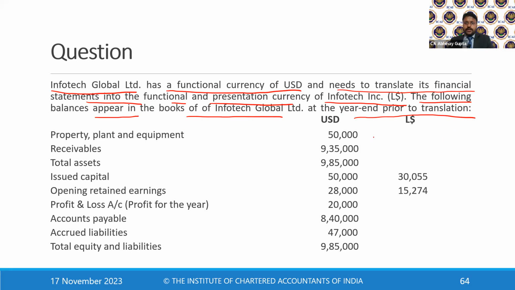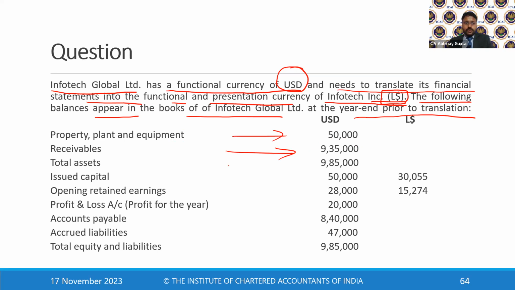So before translation, this is the balance sheet of Infotech Limited whose functional currency is US dollars, right? And Infotech INC's functional currency is L dollars. Okay. So these are the balances given.